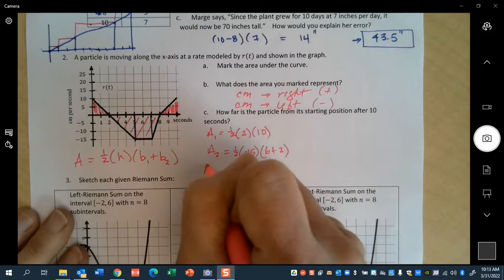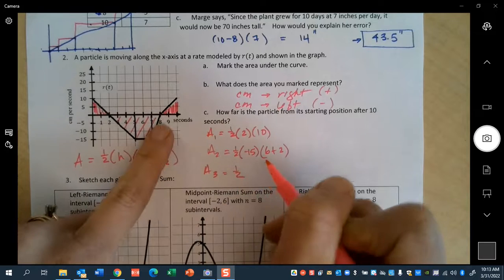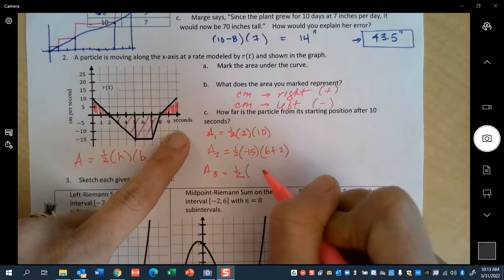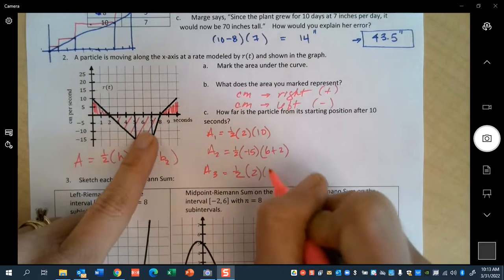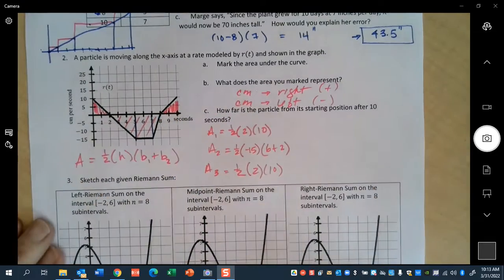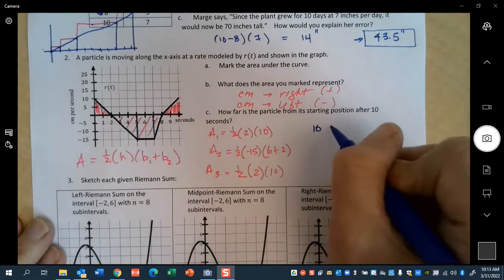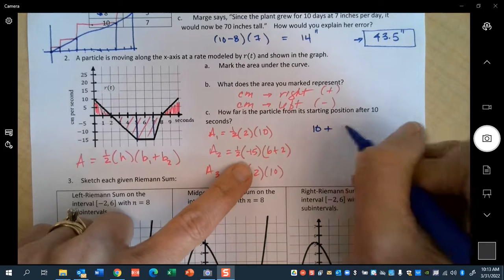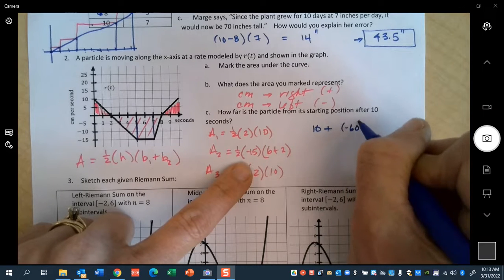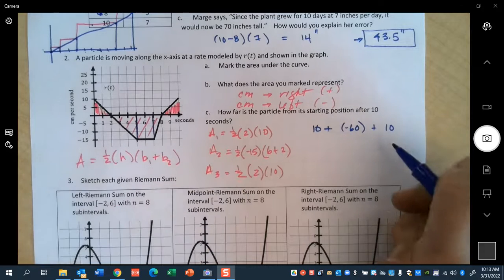When we talk about the area of my third shape, that's 1/2 times my base, which is 2, times my height, which is 10. So I end up with positive 10 here, plus -60 here, plus positive 10 here.